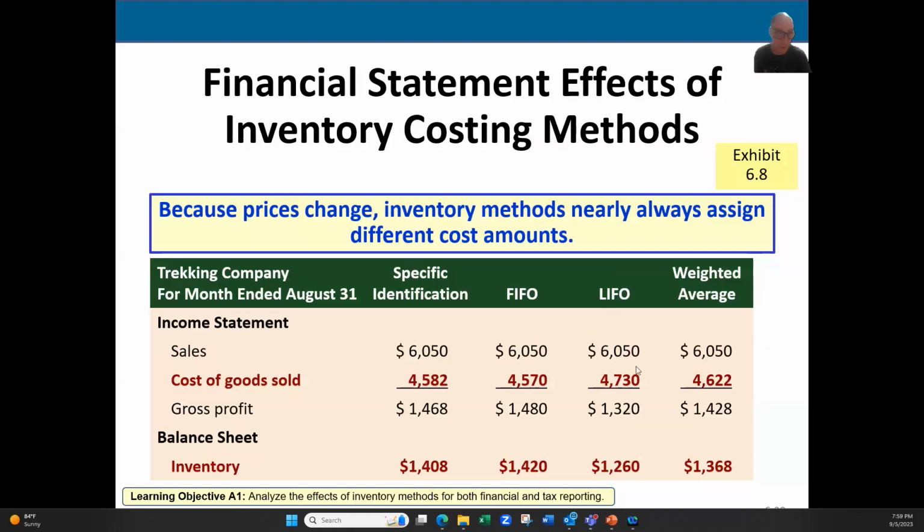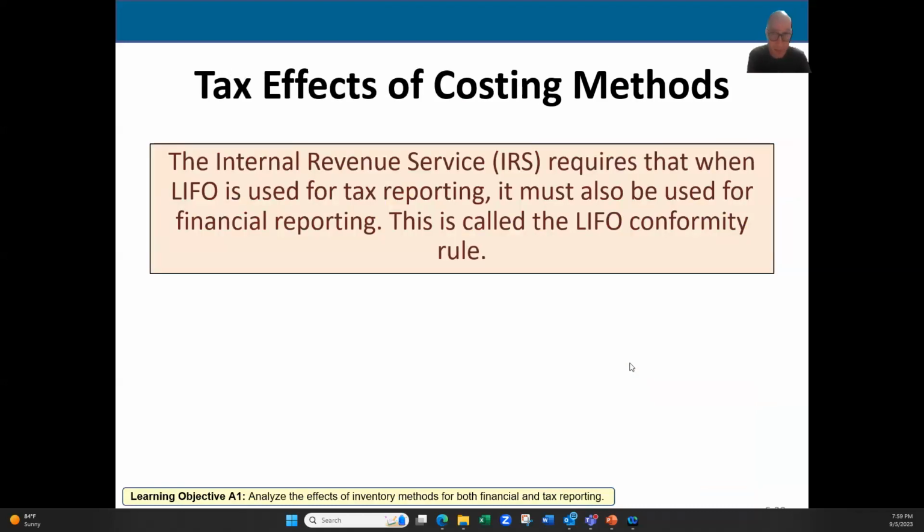And that's what's most interesting, the effect on taxes, right? The IRS requires LIFO for tax reporting purposes. It's the lowest taxable income.